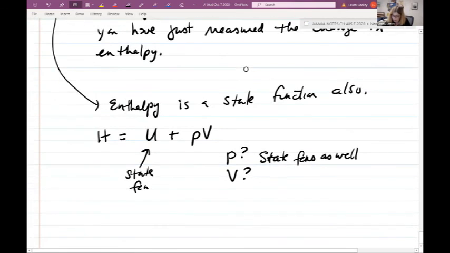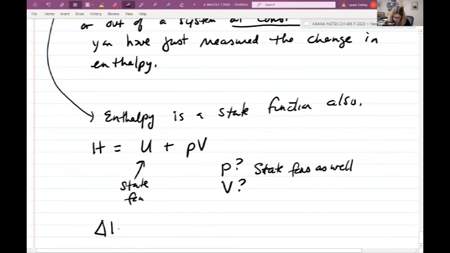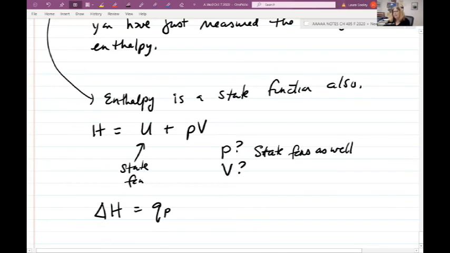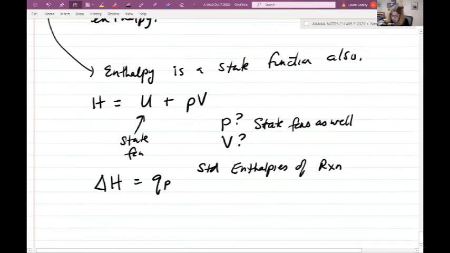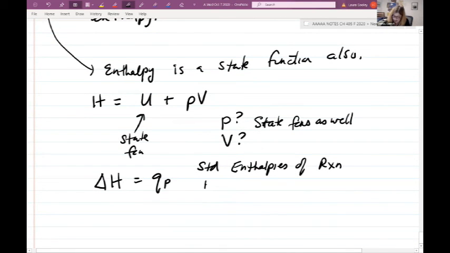So knowing that delta H is the heat that flows at constant pressure explains why enthalpies of reaction that you see in tables, standard enthalpies of reaction, for example, or of formation, are often referred to as heats of reaction.